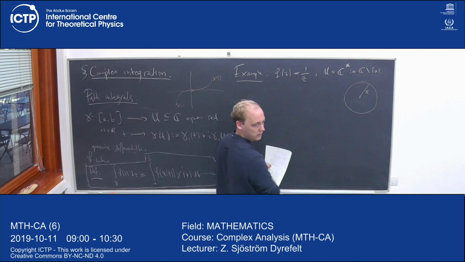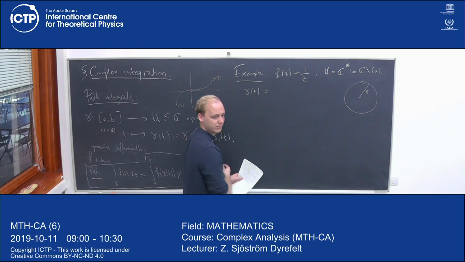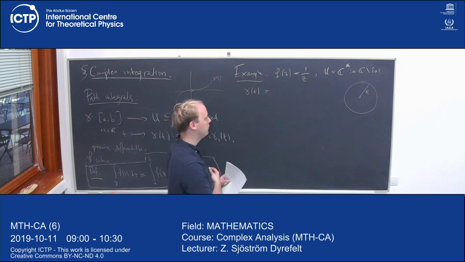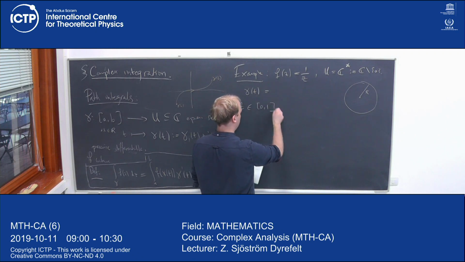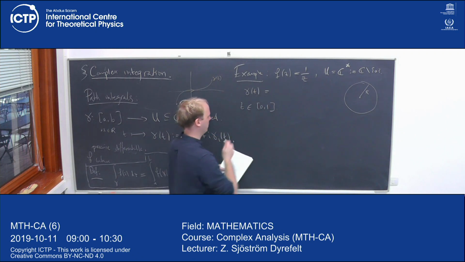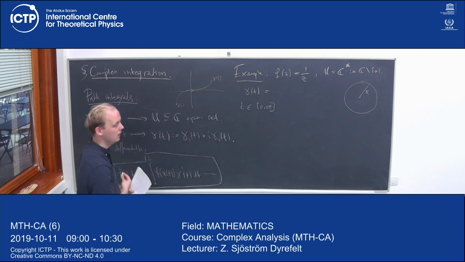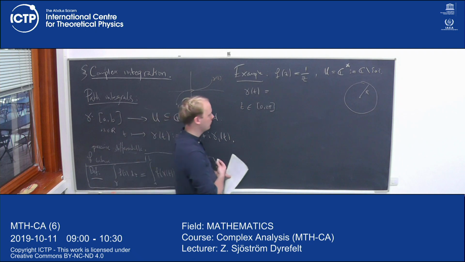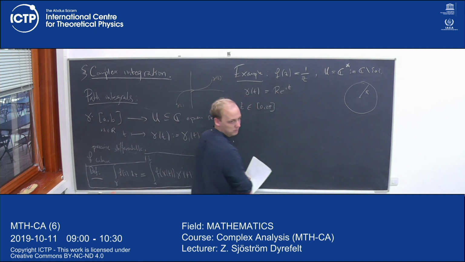So how can you parameterize this path? So t from 0, 1, let's say. No, let's take it in 0 to pi. Doesn't matter, we can do this. So let's take it in 0 to 2 pi. And then we say that this is r e to the i t.